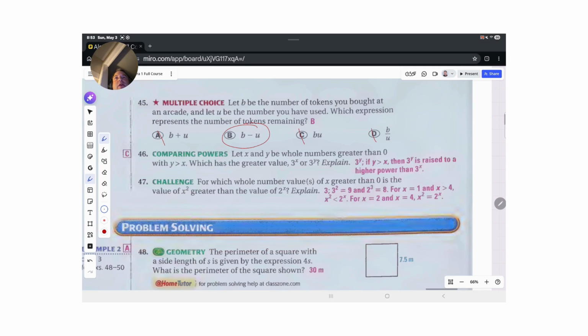So which exponent is larger here? Y is larger than x. So let's state those rules in words. Same base bigger than 1 plus larger exponent means larger value. So 3 to the y power is greater.